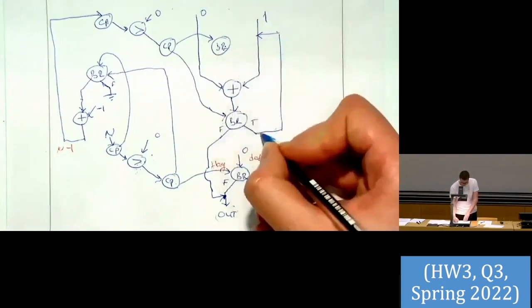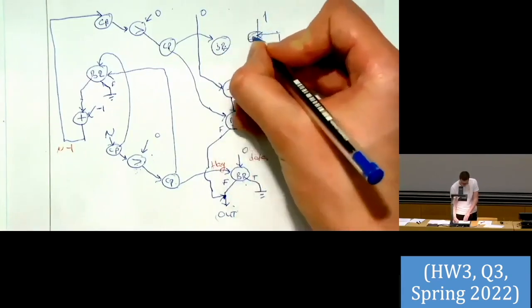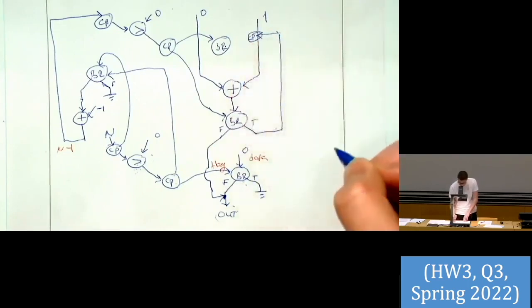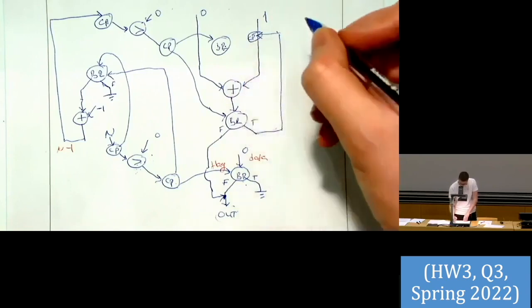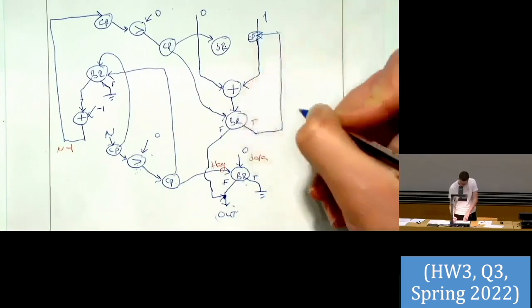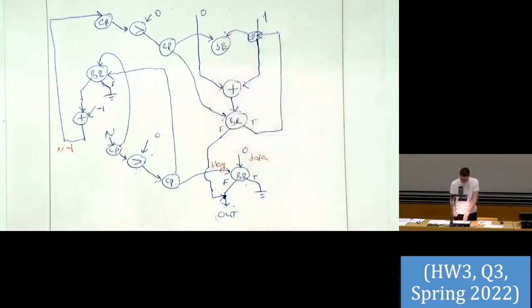Basically, we will forward this value here and then copy it. So I will put a copy here. And then this copy is copying the value here and also here to this branch logic.